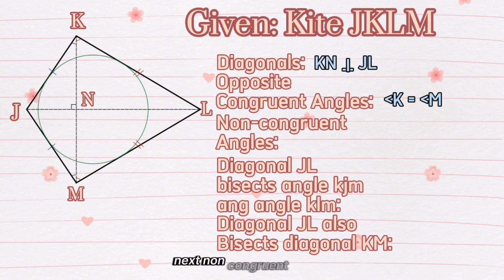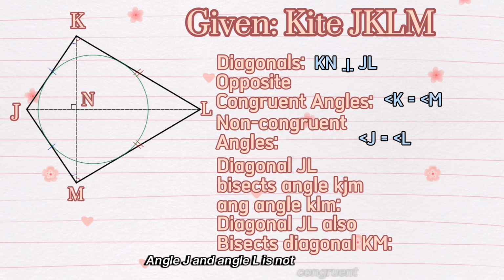Next, non-congruent angles. Here, we just need to find the angles that are not congruent. This one is very easy because it's obvious that angle J and angle L are not congruent, and that is our answer. Next, diagonal JL bisects angle KJM and angle KLM.